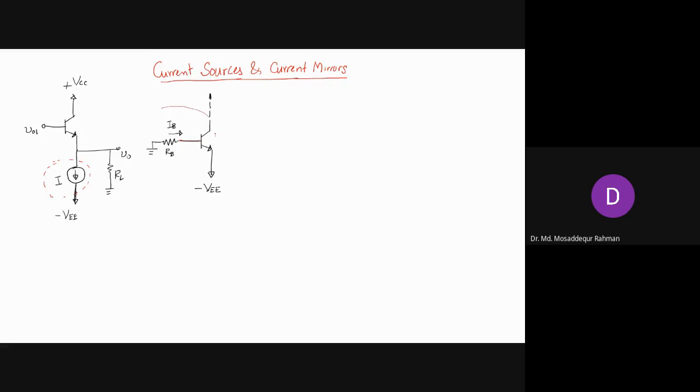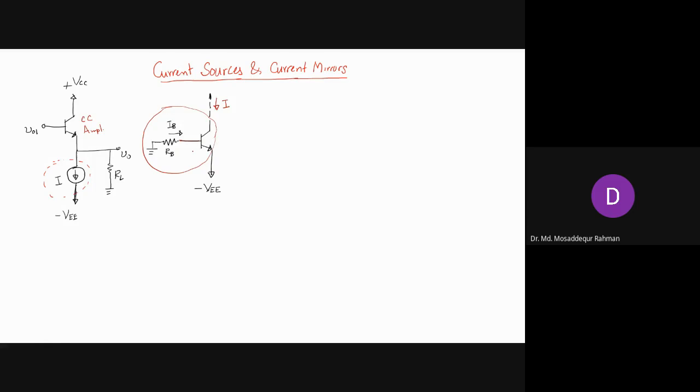This transistor with this resistance in the base, RB, is your current source, and that is supplying this current I. The current flowing here is our current I, and that is supplying current to this transistor, which is our common collector amplifier, the output stage. So that is connected to the amplifier supplying the bias current I.